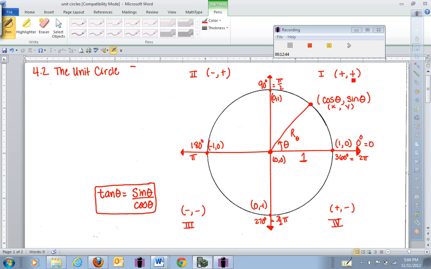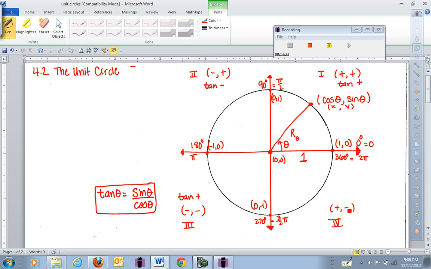So we could figure out the sign, whether it's positive or negative, for tangent. If it's positive divided by a negative, then your tangents are going to be negative, and so on. Since this represents the sine and this represents the cosine, sine over cosine in the second quadrant means that tangent will be negative. Down here, negative sine, negative cosine, negative divided by a negative means that tangent will be a positive.